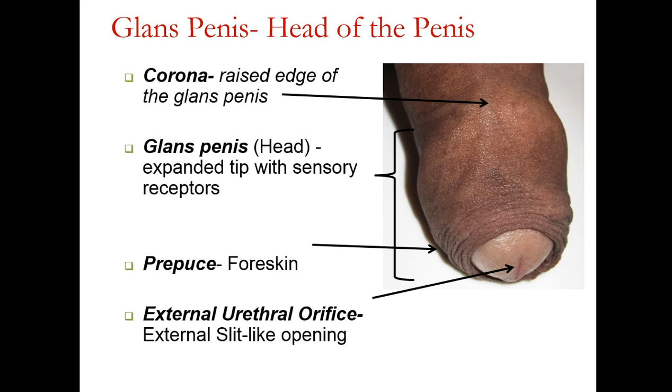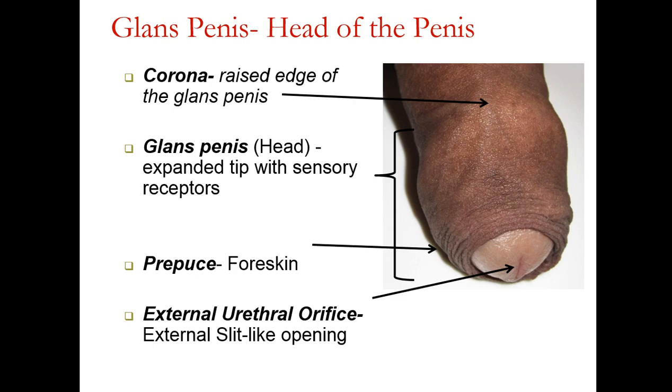All right, the glans penis, the head of the penis. We call the raised edge the corona. The glans penis itself is where we're going to find all of our sensory receptors. The foreskin, if it's there, is called the prepuce.